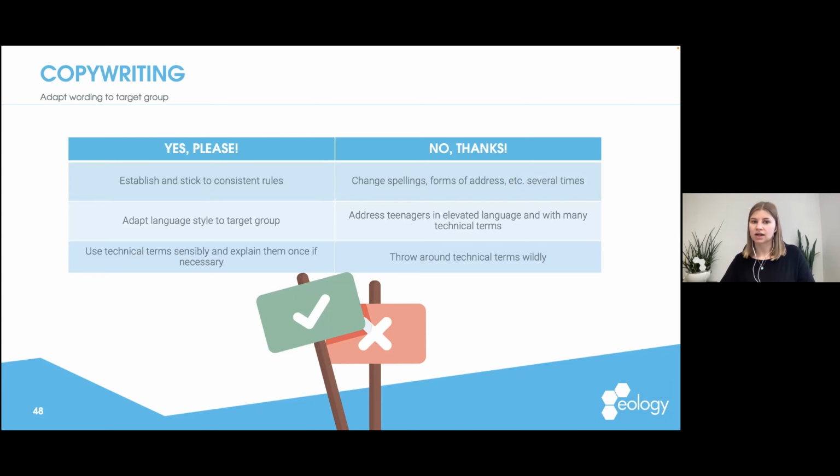What you also should not do is address teenagers in elevated language and with many technical terms. They would probably not go on reading because they simply don't know what to do with all those technical terms. And don't throw around technical terms widely without really having an added value for it. Just keep that in mind for the yes please and no thanks sections.